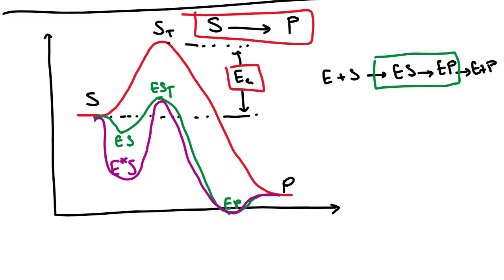So the first one right here, the difference would be right here between these two states. So this is the unmutated enzyme. And we can see that the EA is smaller than the non-catalyzed reaction. Now for this mutated enzyme that binds a substrate much more strongly, the difference is this.